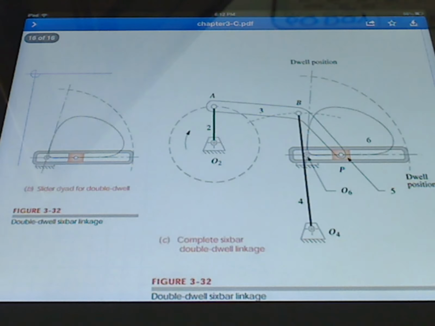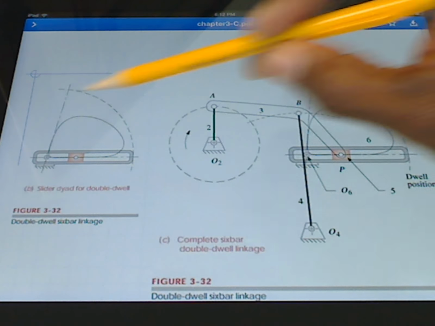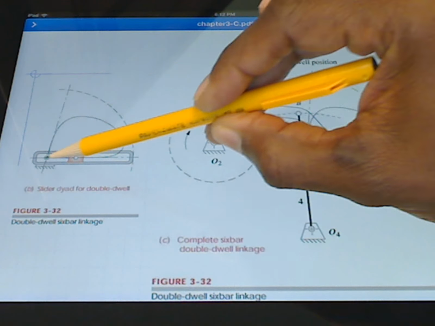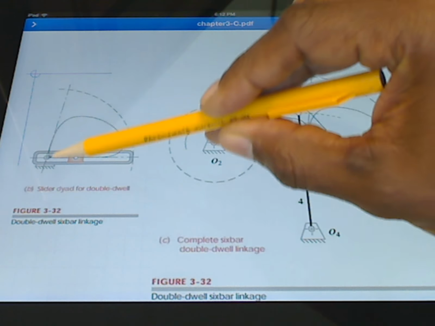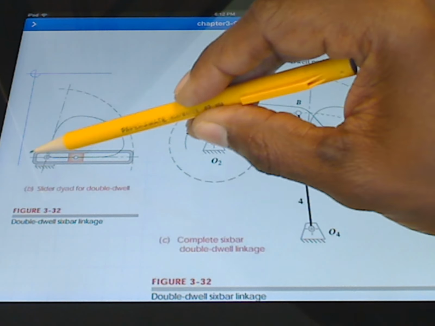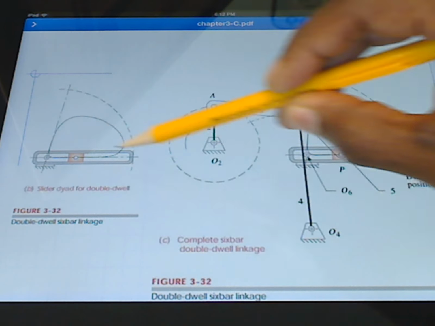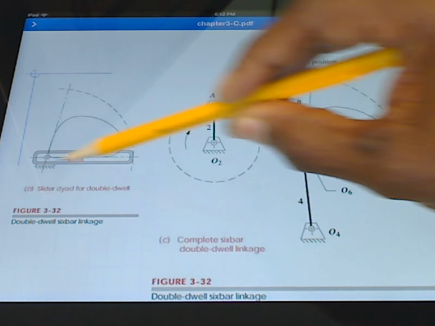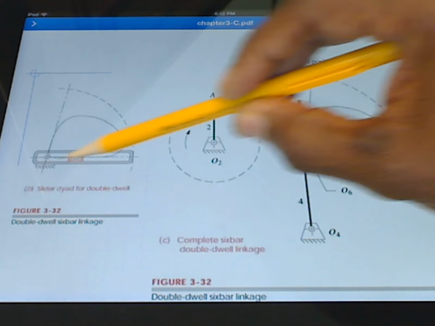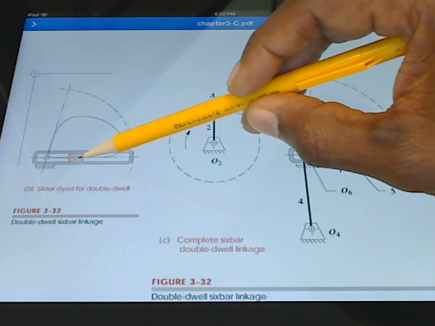And so here's an example of that. What we've done is we found kind of the center point of these two straights. And so we have a straight here and we have a straight portion here, and those two straight portions intersect there. That's where we're going to put a translation right here, a prismatic joint where we have a piston moving back and forth, and it's going to move along this straight path.